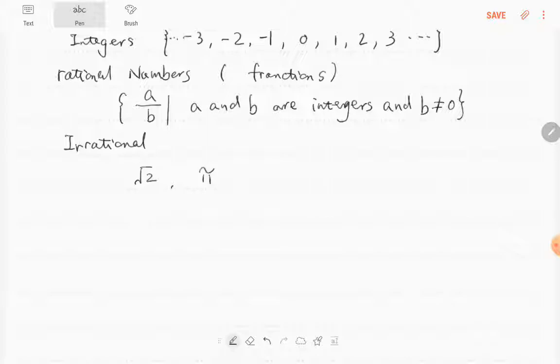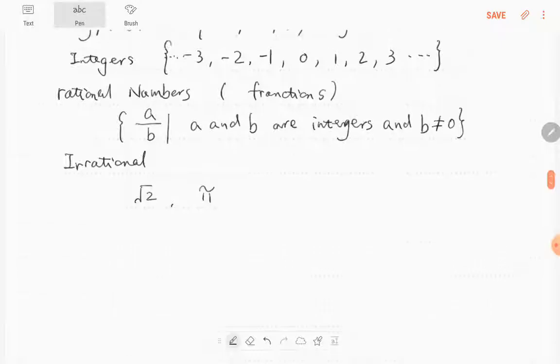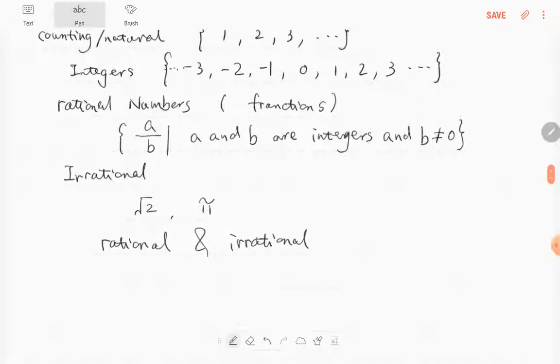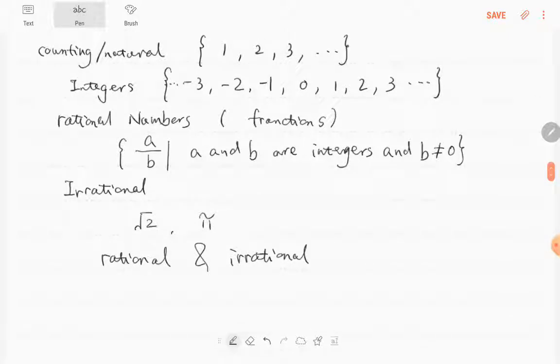But here we should know both rational numbers and irrational numbers can be written as decimal numbers.